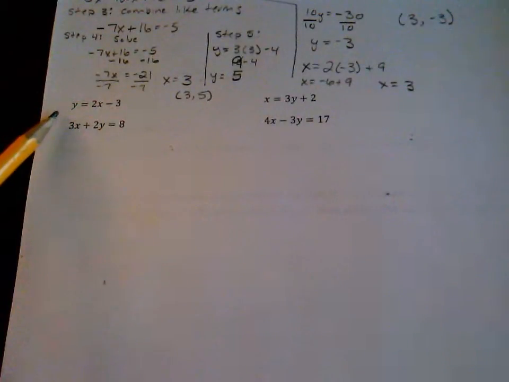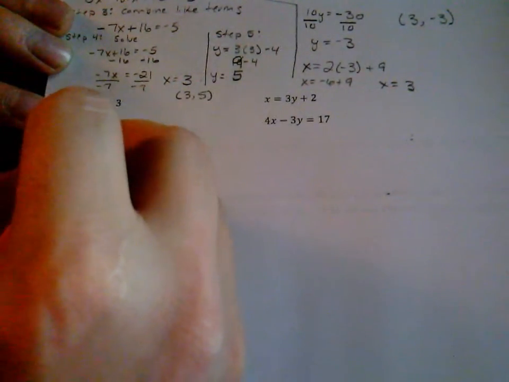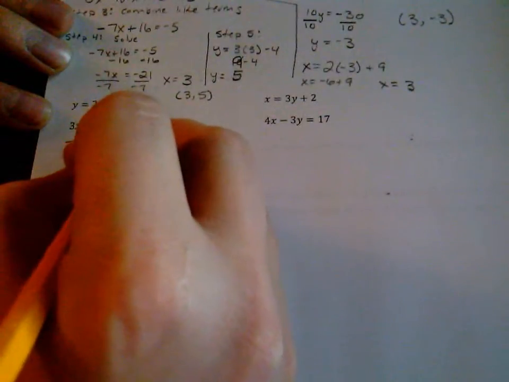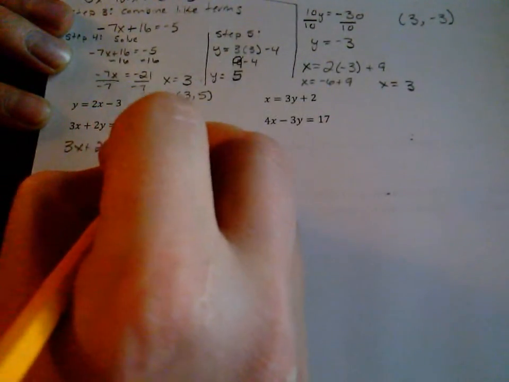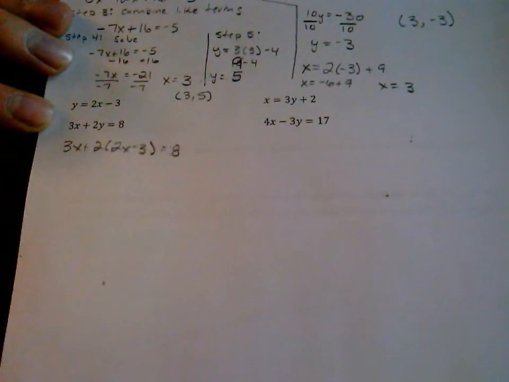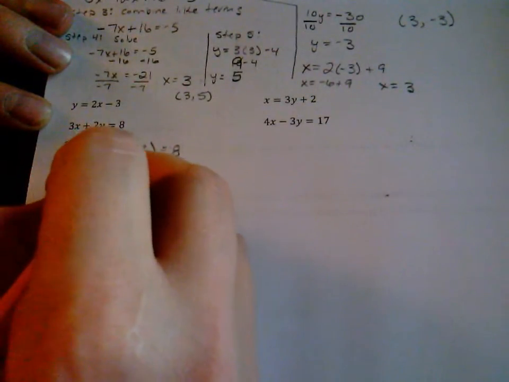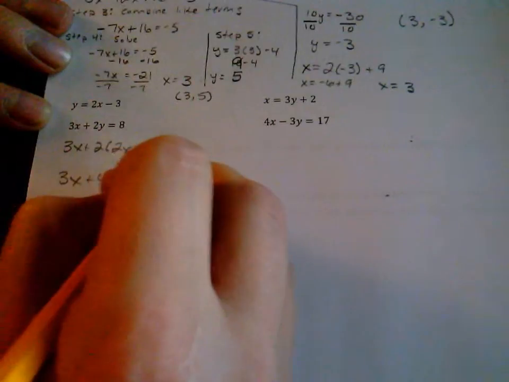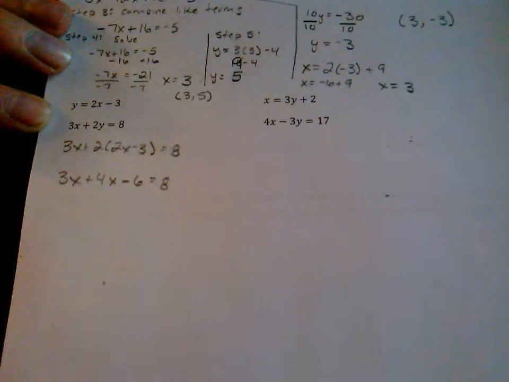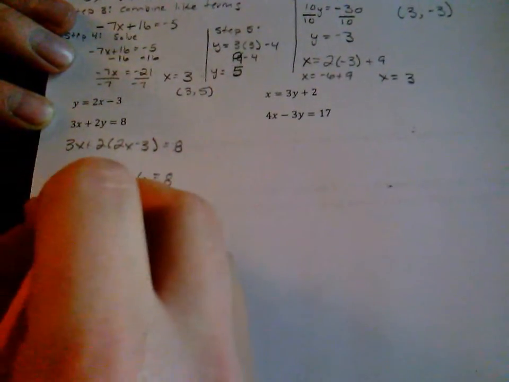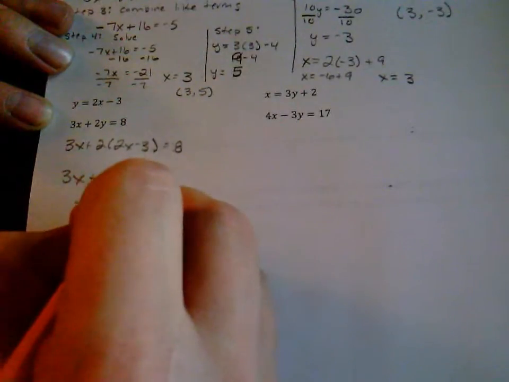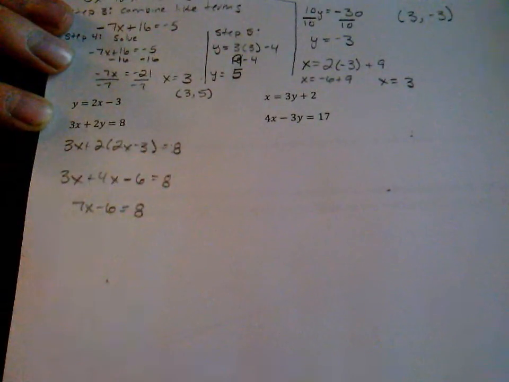Okay, so we have y by itself. So that means we're going to take this y and replace it with 2x minus 3. So step 1, plug in. 3x plus 2 times (2x minus 3) equals 8. Step 2, distribute. Becomes 3x plus 4x minus 6 equals 8. Combine like terms. Becomes 7x minus 6 equals 8. Solve.